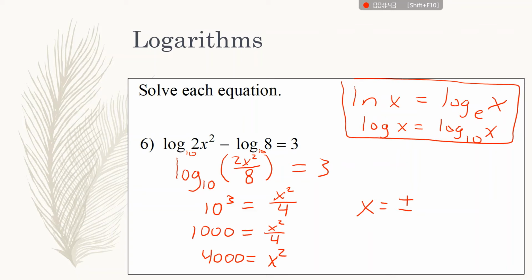Okay, jump over to the next one. So what would I have to do here? How can I combine these?